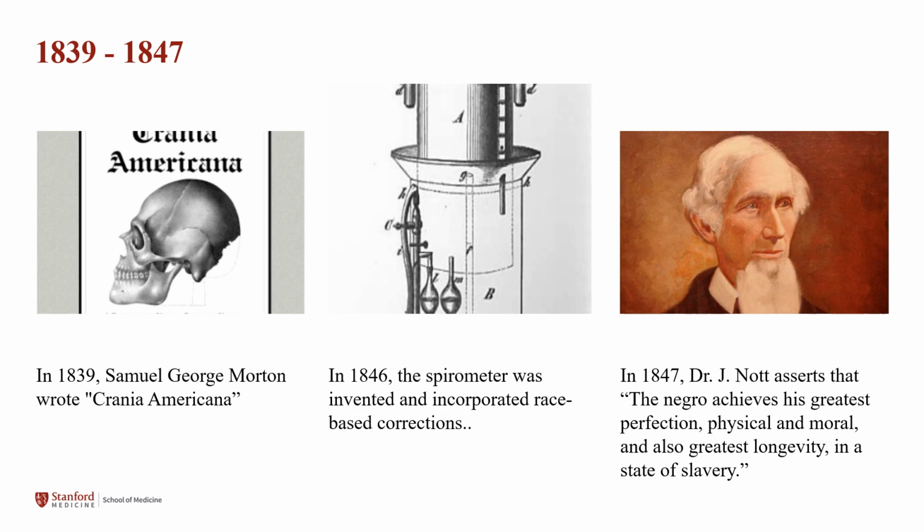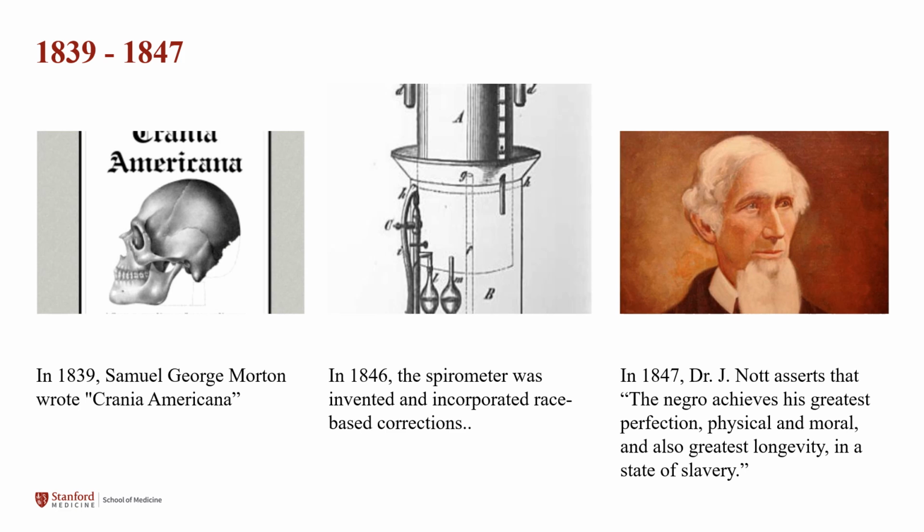In 1839, Samuel George Morton wrote Crania Americana, in which he claimed that black people had smaller skulls than white people and thus smaller brains, implying a lack of intellect. In 1846, the spirometer was invented and incorporated race-based corrections.